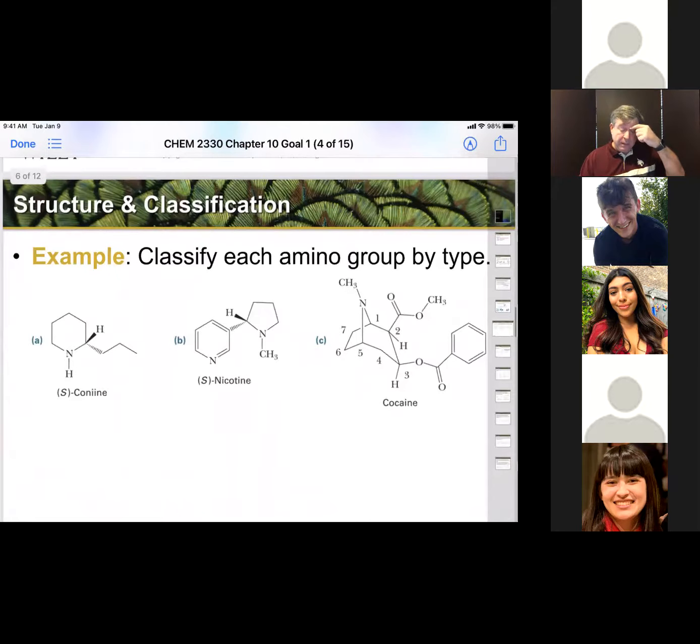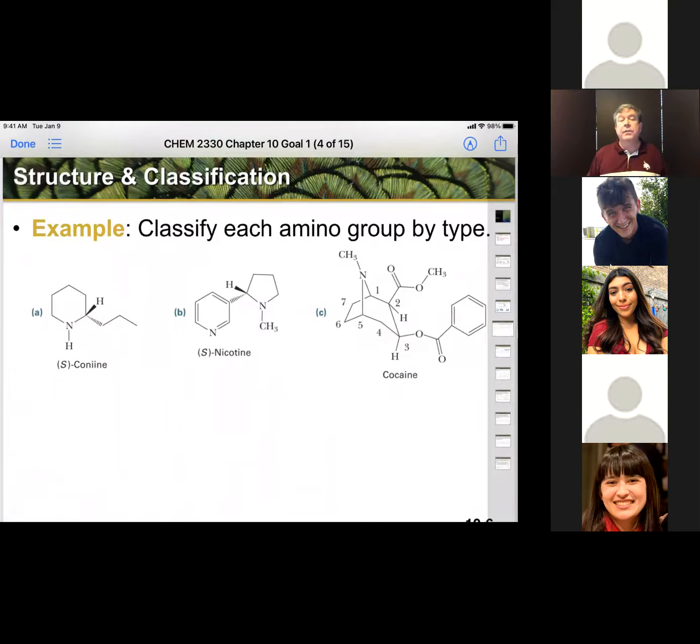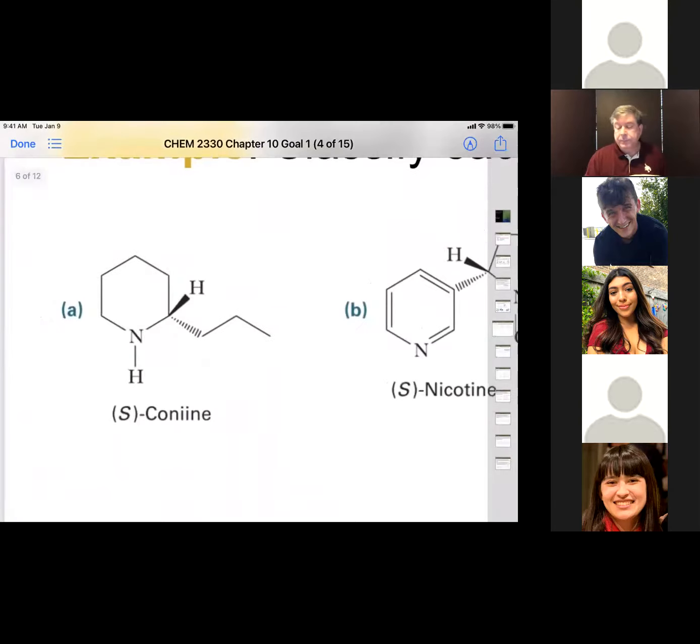So let's classify each of these as primary, secondary, tertiary, aromatic, aliphatic, etc. Let's start with this first one here. What do we think? Is it primary, secondary, or tertiary? Chat's open. Secondary, because we have two bonds to carbon here.